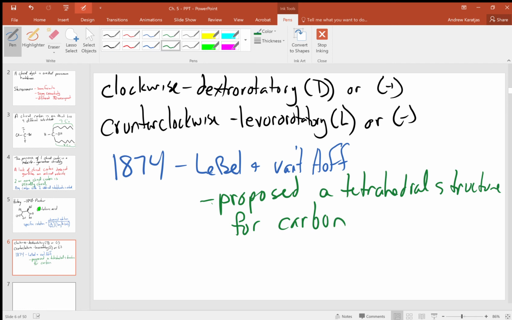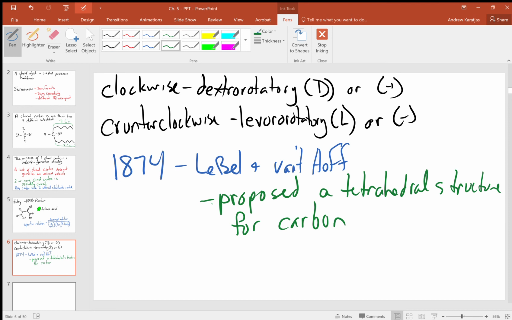They proposed a tetrahedral structure for carbon. And Van Hoff especially would go on to quite a few other accomplishments. In fact, Van Hoff won the first ever Nobel Prize in chemistry in 1901.